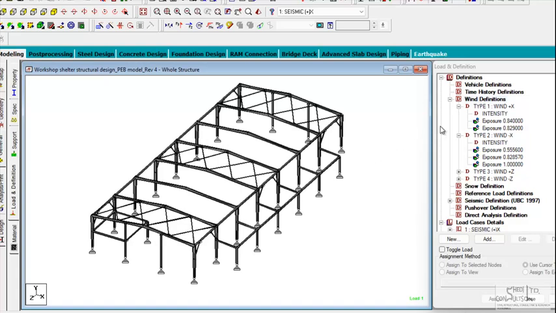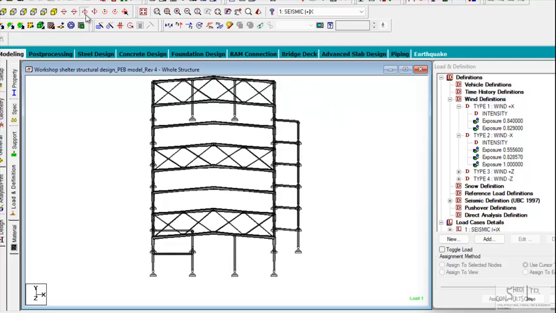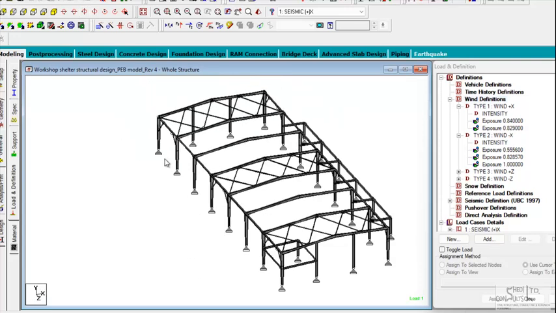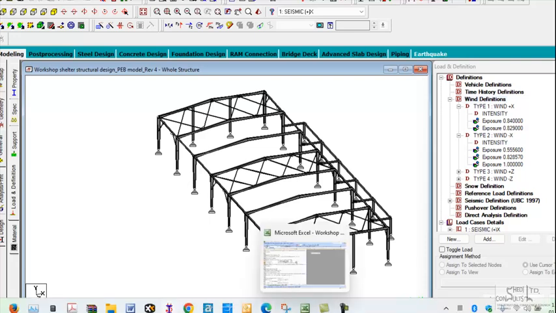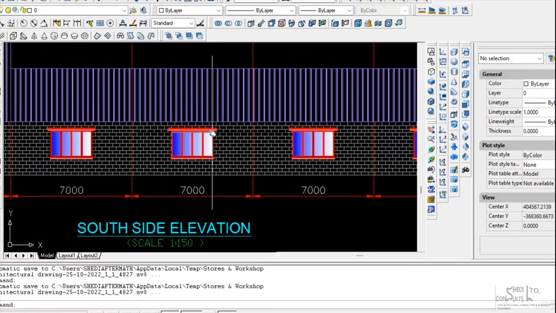Now you will need to tell STAAD which of the bays, or rather the exposure coefficient on each of the bays, if the coefficient is different from 1. Okay. Now what happens is that the wind pressure will be calculated, and the resultant force, if for example this is a windage area that has no opening, so if for example you have no window, the total wind force will act on the windage area.